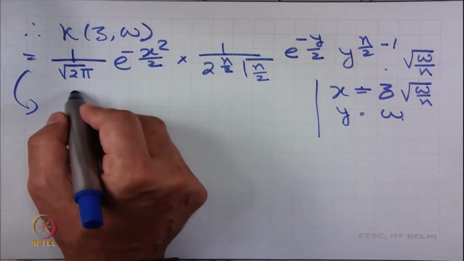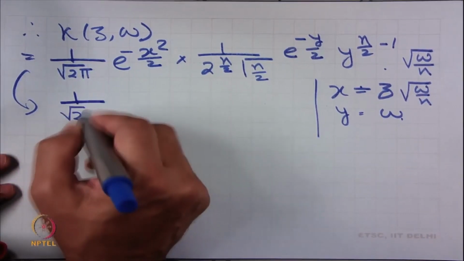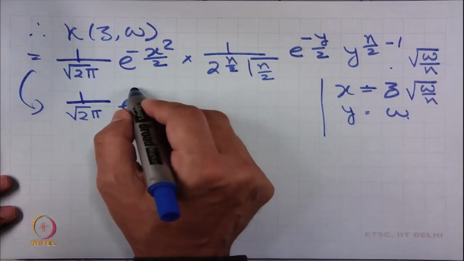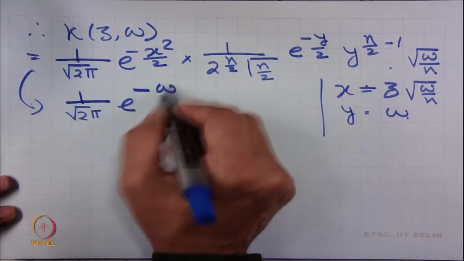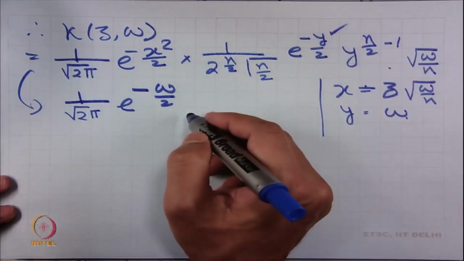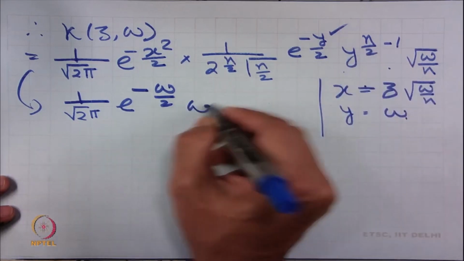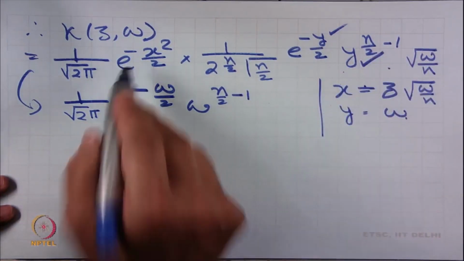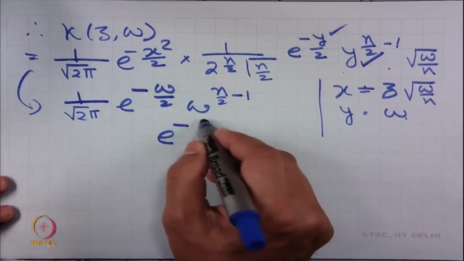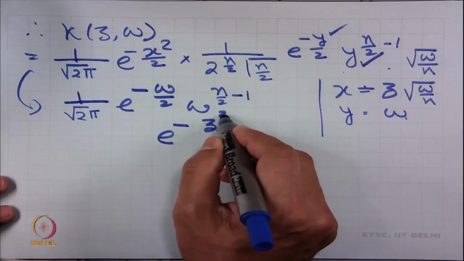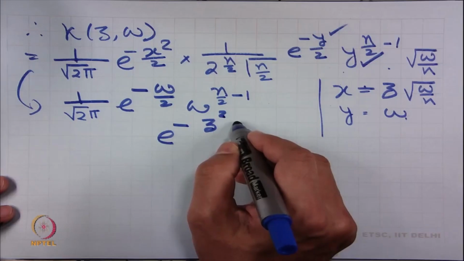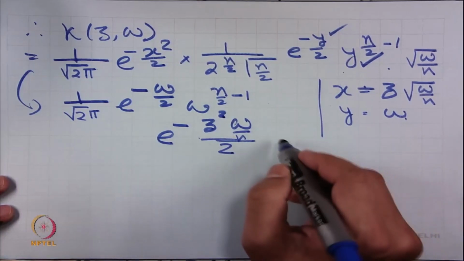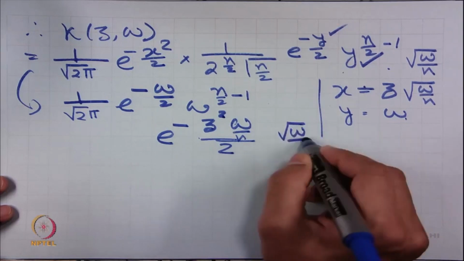Therefore, this becomes 1 over root over 2 pi e to the power minus w by 2 w to the power n by 2 minus 1, and from here we get e to the power minus z square into w by n by 2 into root over w by n.